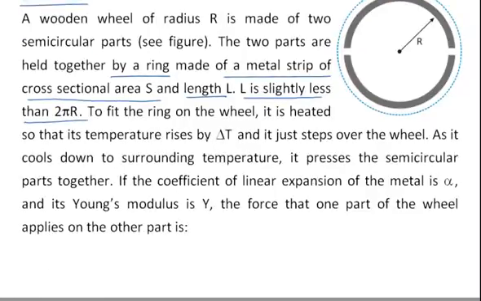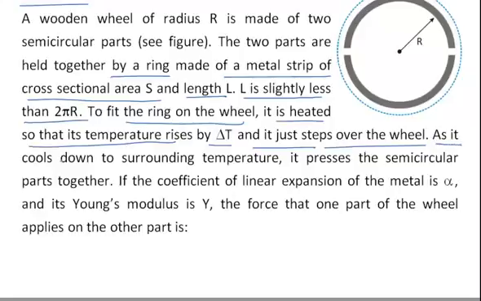To fit the ring on the wheel, it is heated so that its temperature rises by delta T, and because of the increase in the length, it just steps over the wheel. As it is again allowed to cool down to surrounding temperature, it presses the semicircular parts together.